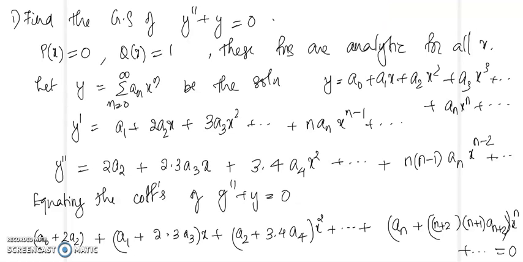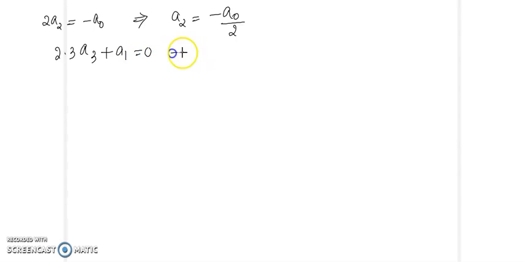Equating to 0, you will get 2a2 equal to minus a0, so a2 is equal to minus a0 by 2. Then 2 into 3 a3 plus a1 is equal to 0, so a3 will be minus a1 by 3 factorial.